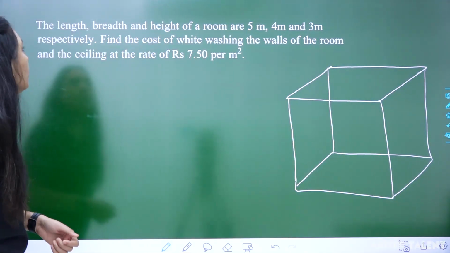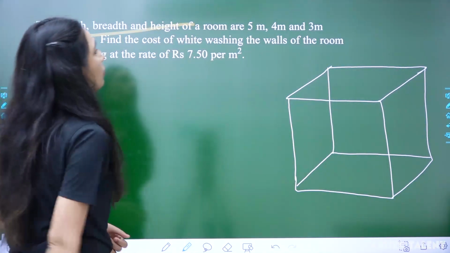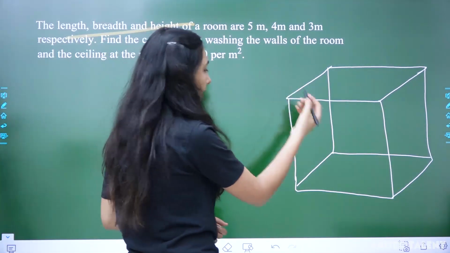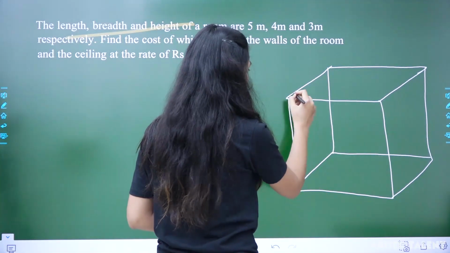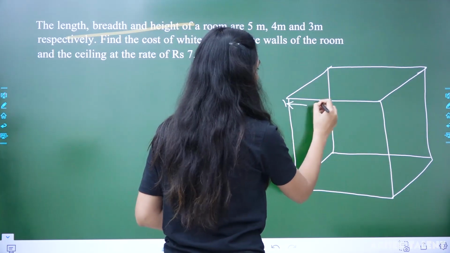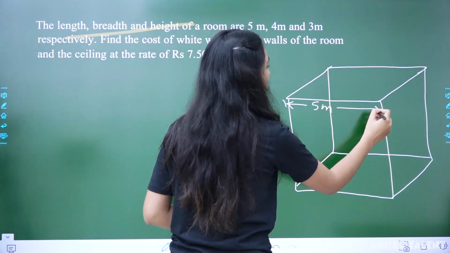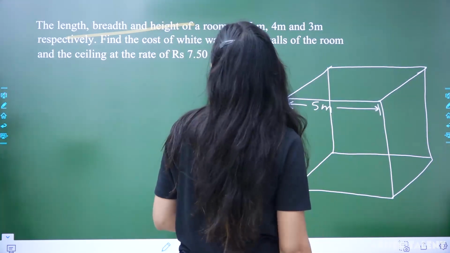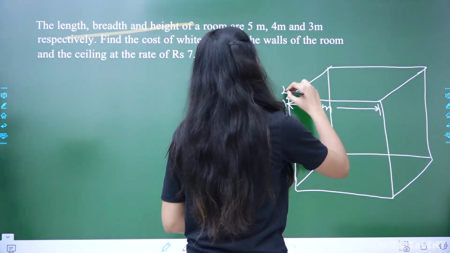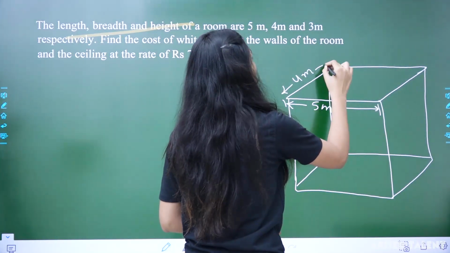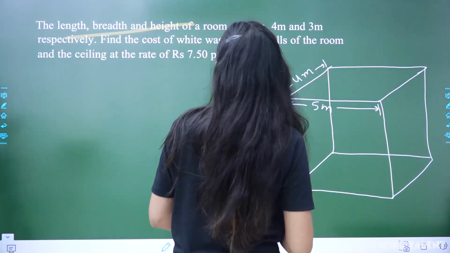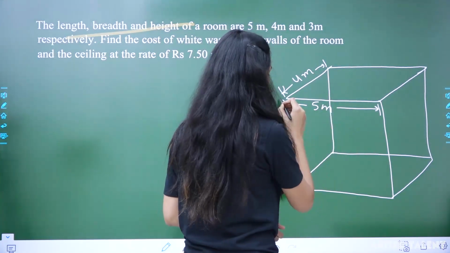Now the length, width and height of the room is given. So this length is 5 meters, then the width is 4 meters, and the height is 3 meters.